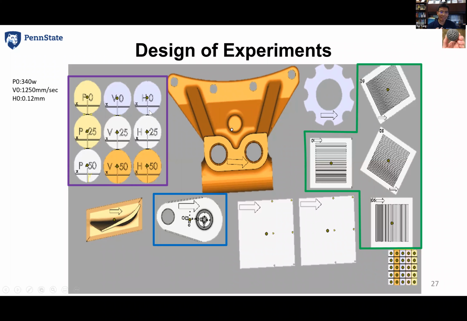Also, there is the hatching space, which can be bigger or smaller. How, and whether, do those parameters impact the final build? To answer this, we engineers need to do experiments. It's not like deep learning can figure it out, right? So this is engineering domain knowledge and engineering solutions.